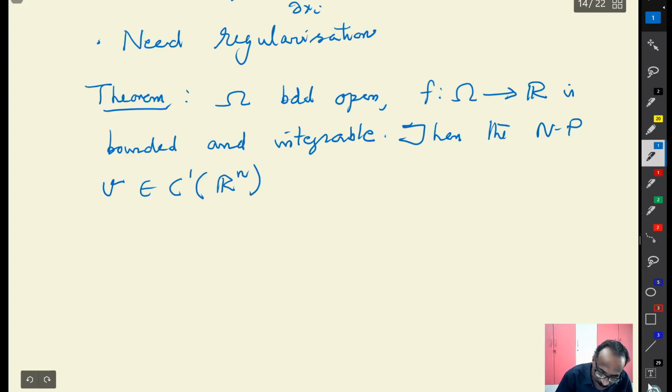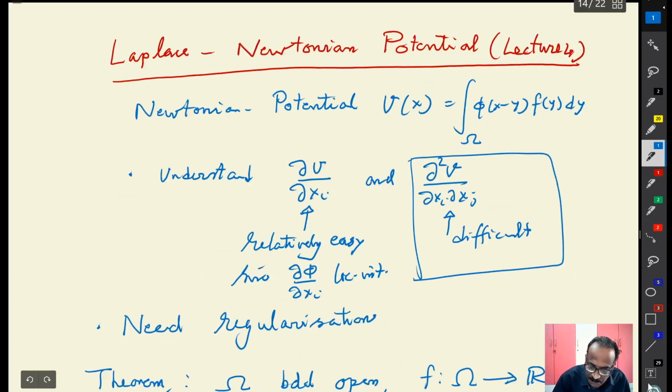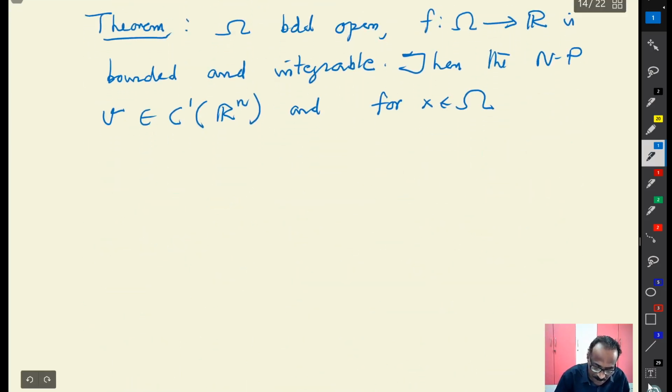And for x in omega, we are interested in omega because Vx is defined. If you look at the definition, Vx is defined for all x basically, so there's no issue, but our issue is for all x in omega. We have dv by dxi of x equal to the integral of dphi by dxi of x minus y times f of y dy.